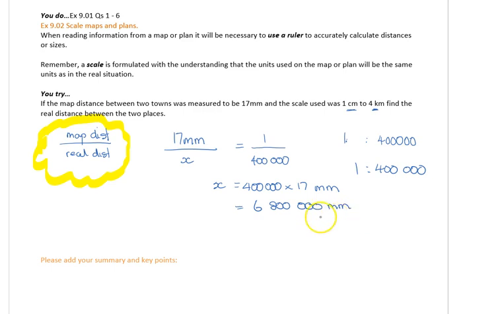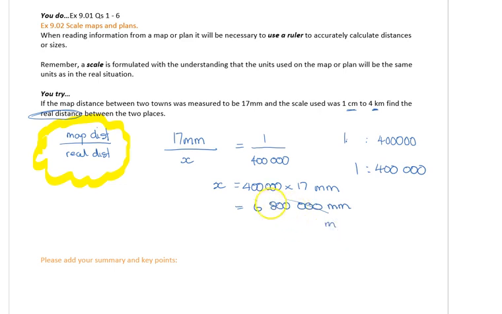But they're millimetres, and we wouldn't talk about a real distance on a map in terms of millimetres. So let's convert that to something more realistic. If we divide it by 1,000, which would take those last 3 out, then we're back to metres.